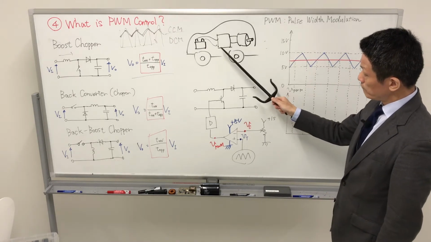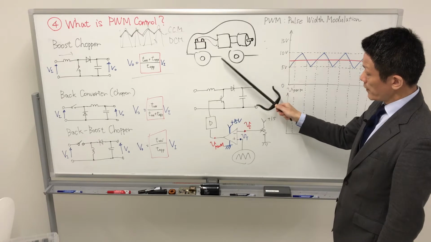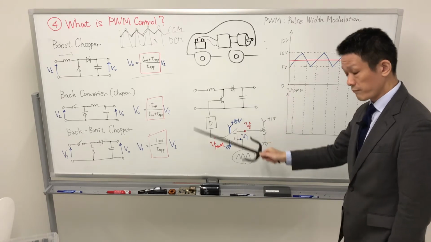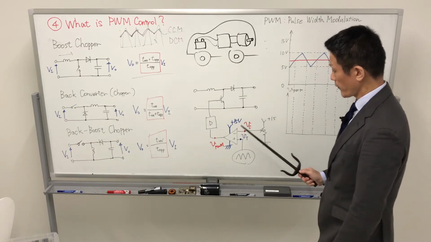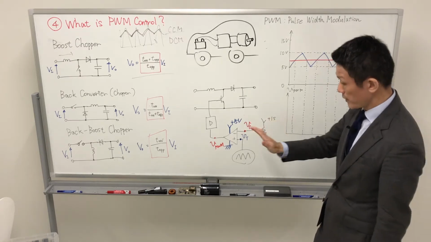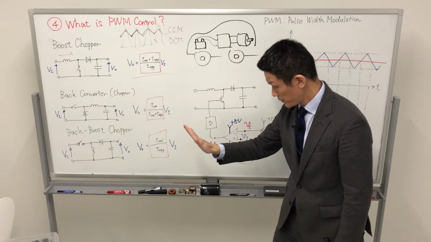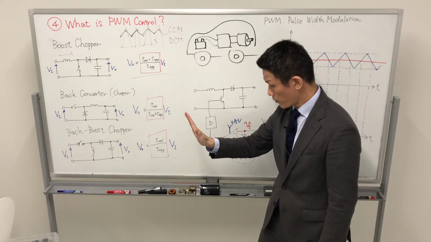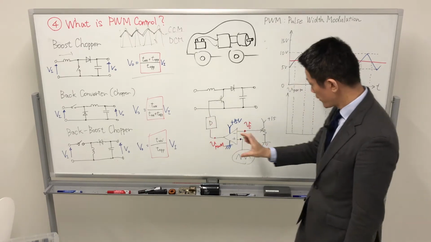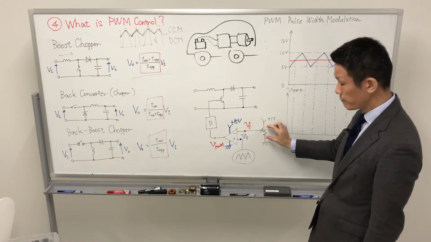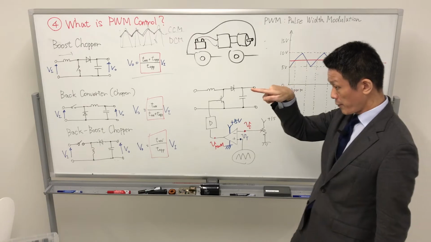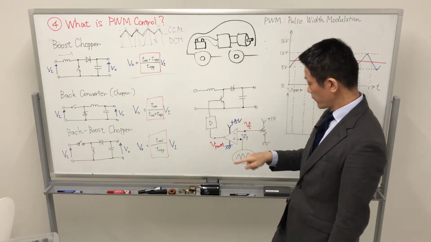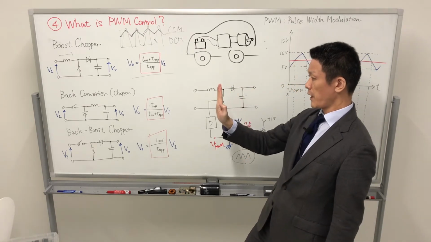This chopper picks up the equivalent circuit here. And the variable resistance point indicates the acceleration value.